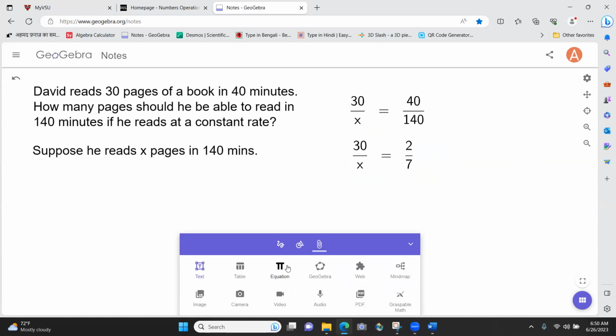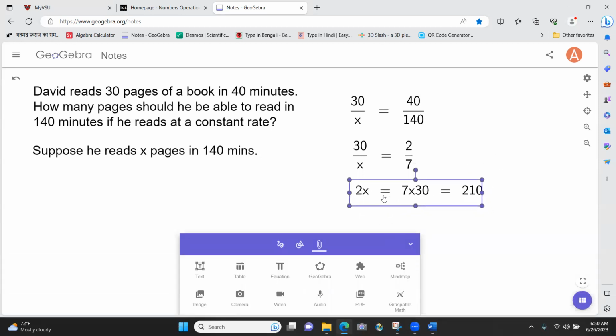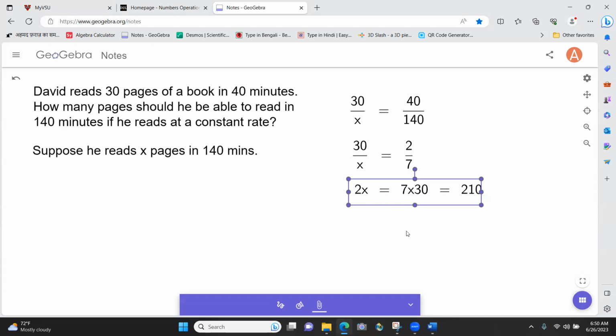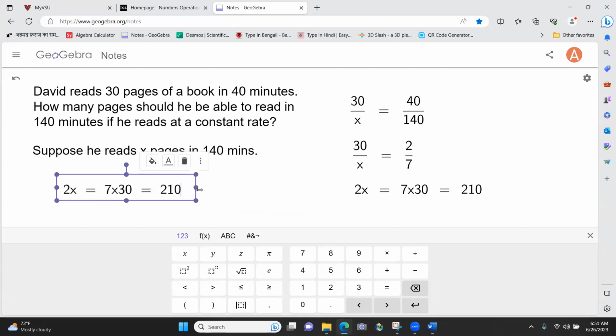Based on cross multiplication, we can say 2X is equal to 7 times 30, which is equal to 210. Now, you're going to divide both sides by 2.